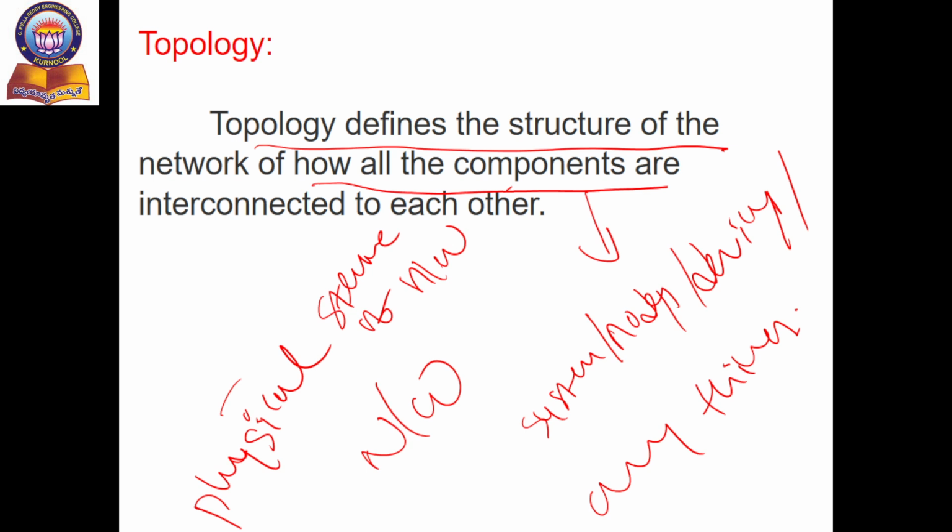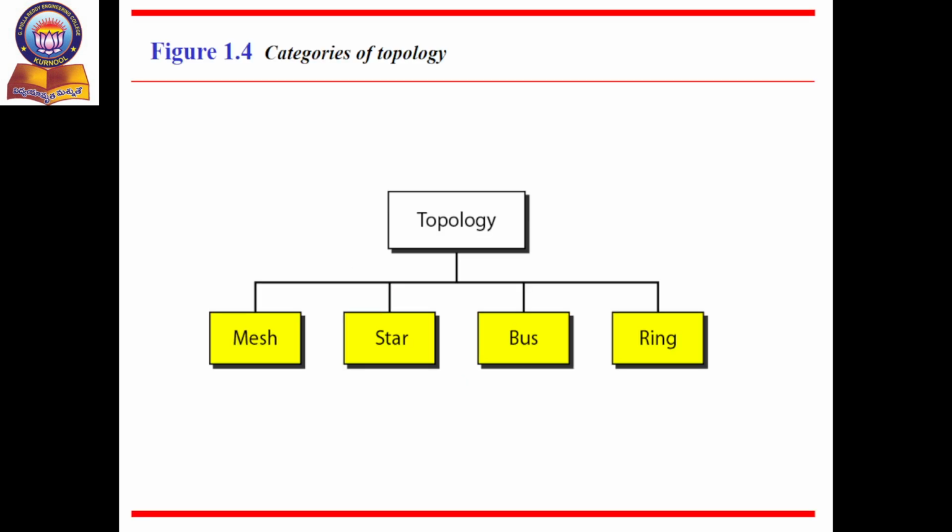Coming to topology, there are different types of topologies: mesh topology, star topology, bus topology, and ring topology. Mesh, star, bus, and ring. These topologies are very important, and every topology has a different type of structure.